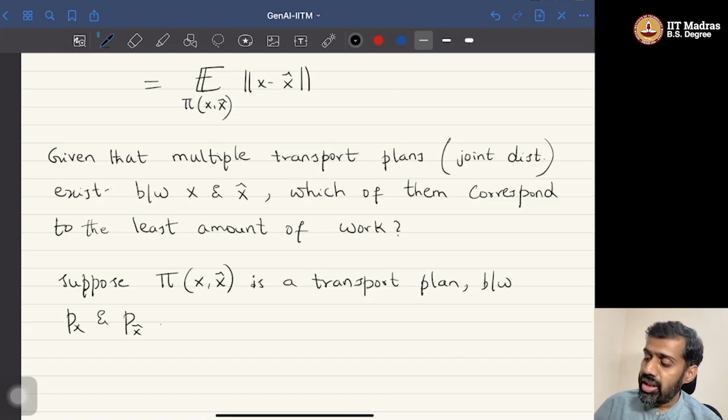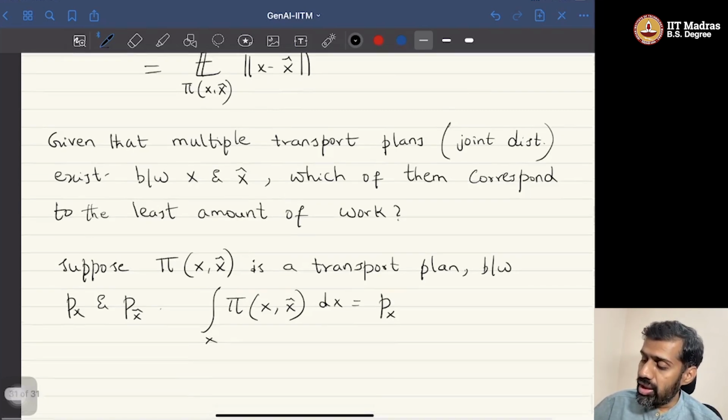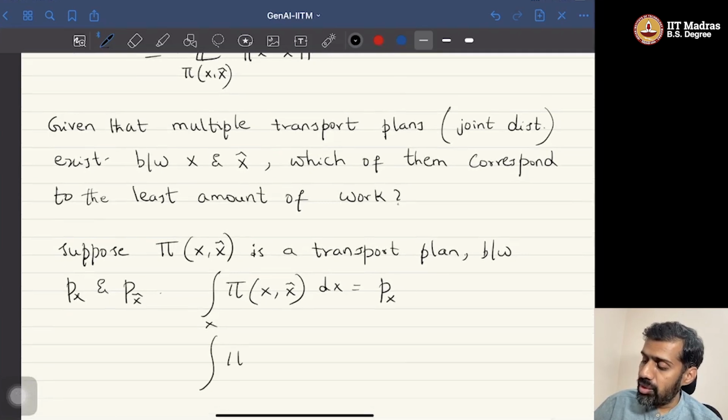The requirement is that the joint distribution that we are operating over has to be such that if I marginalize over one of the random variables, I should get px, and if I marginalize over the other random variable, I should get the other constituent distribution. So why is this the case? When you marginalize over x, you get px cap, and when you marginalize over x cap, you get px.